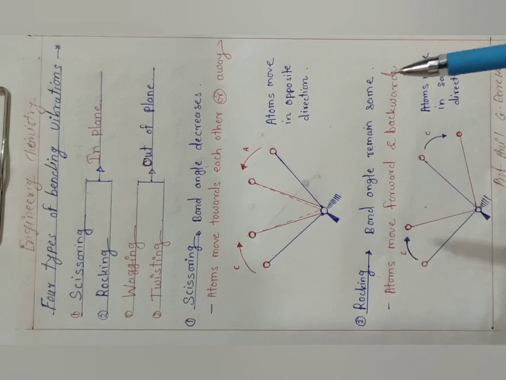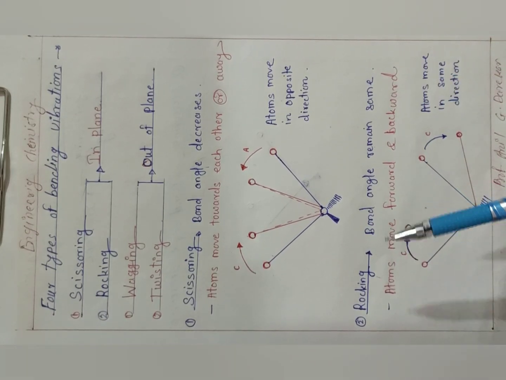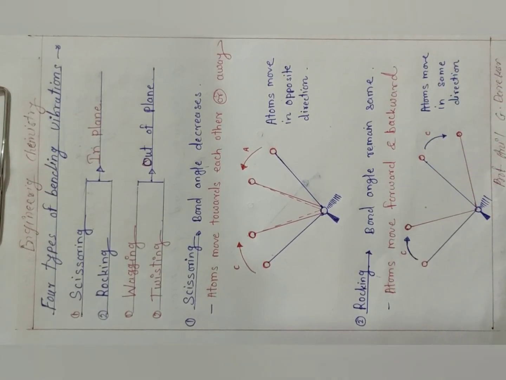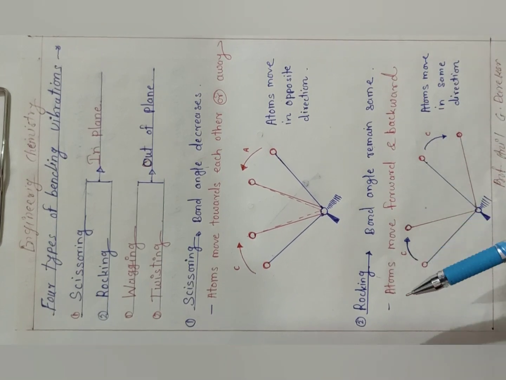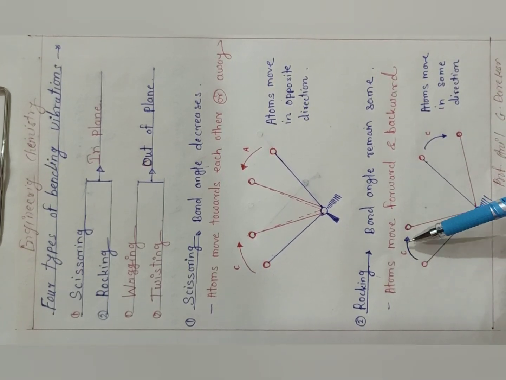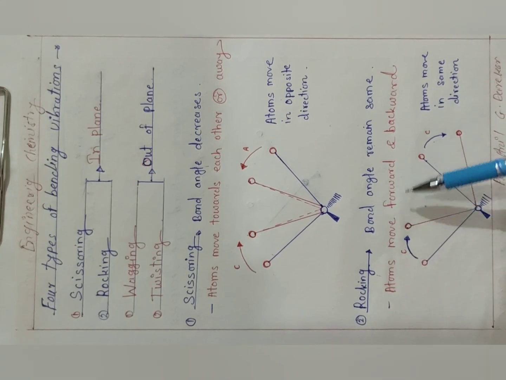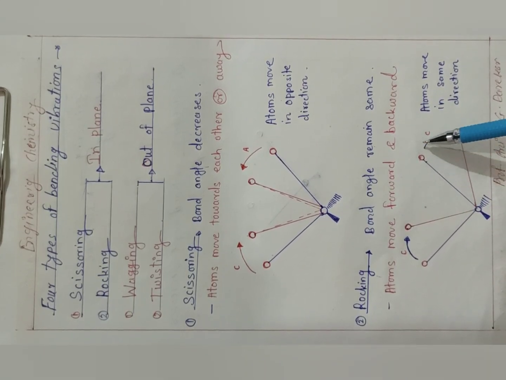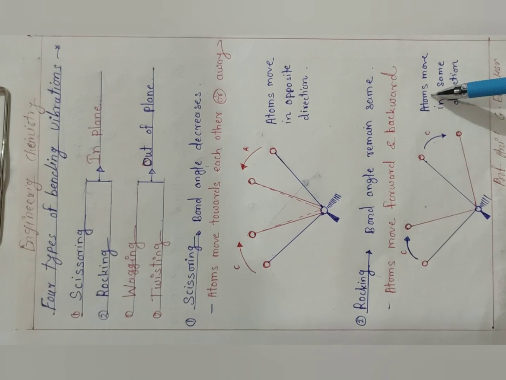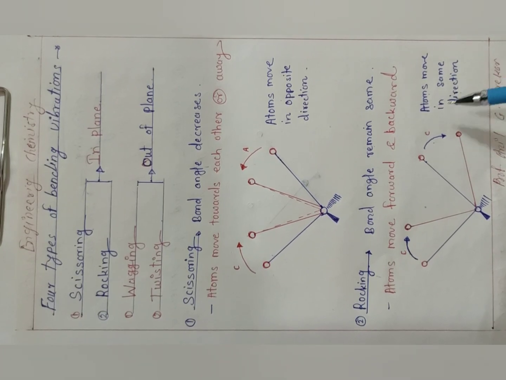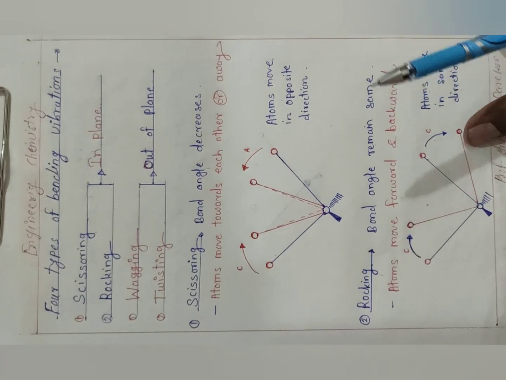Atoms move forward, backward, in the same direction. You can see this atom moves clockwise, and in the same way the other atom moves clockwise. So atoms move in the same direction and bond angle remains constant. So this is rocking.